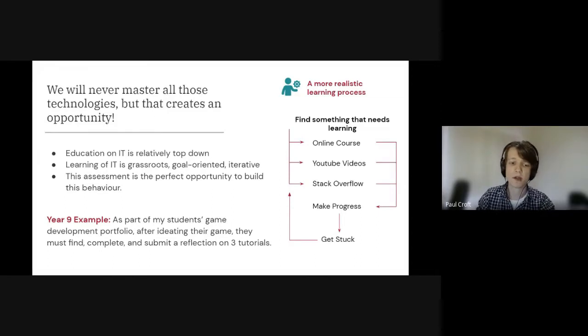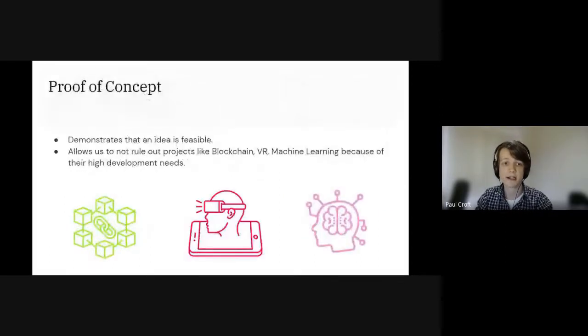The other thing that I wanted to point out within the study design that I think is really useful when we're talking about these really big technologies is that there's this idea of proof of concept. So instead of making a prototype or a finished product, students could also make a proof of concept that's more around demonstrating that their idea is feasible.